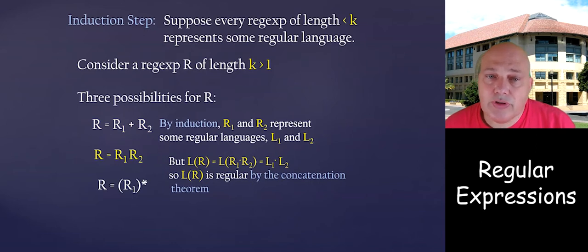And the same holds for the two other operations. If you look at R1 times R2, it corresponds to the language L1 times L2, the concatenation of L1 and L2, and this is regular by the concatenation theorem.